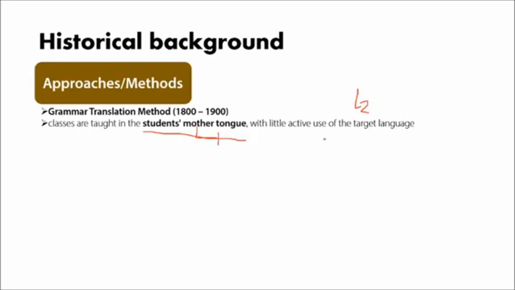So it could be the scene for the grammar translation method: the teacher standing in front of you and telling you to open the book, where you can find, for example, verbs and tenses. Then she writes on the board the different rules in forming the past tense, the present tense, the future tense of the verb, and the general rules on how to do it, and the exceptions.